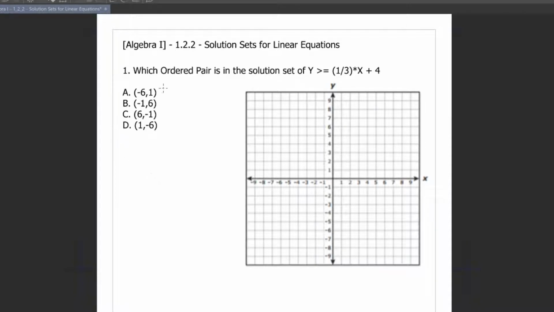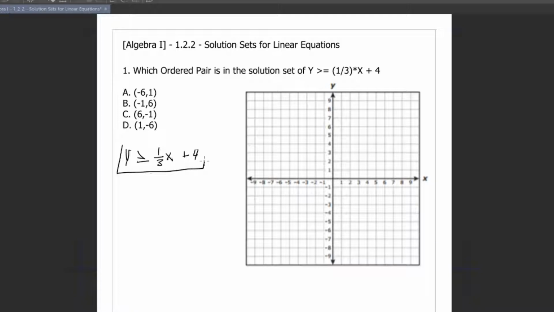The problem asks, which ordered pair is in the solution set of y is greater than or equal to 1/3 x plus 4. I'm going to rewrite the equation because when typing it out, some of it might not translate well.